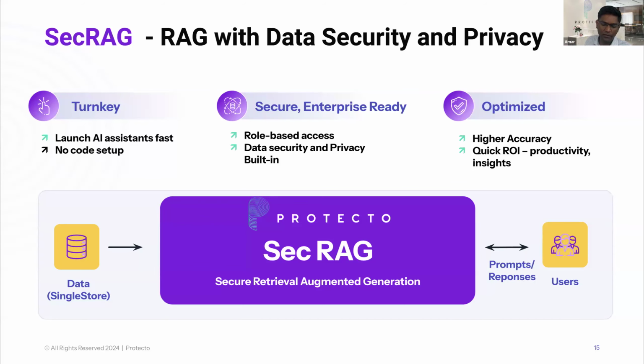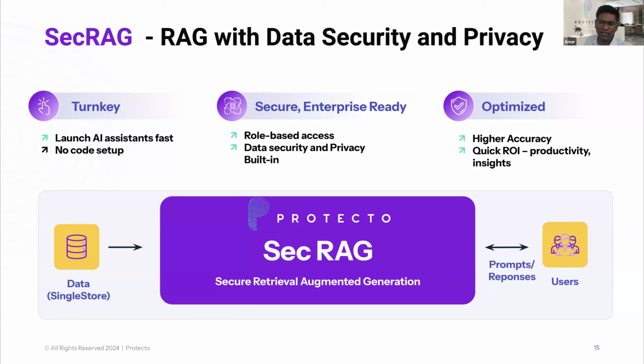The example I gave you, where some of your testers and validators don't have access, but the real doctors have access, is managed by Protecto. That's a pseudonymization case where data is masked and only selectively unmasked. That is fully managed by Protecto. You need not do anything extra when you're building with Protecto.